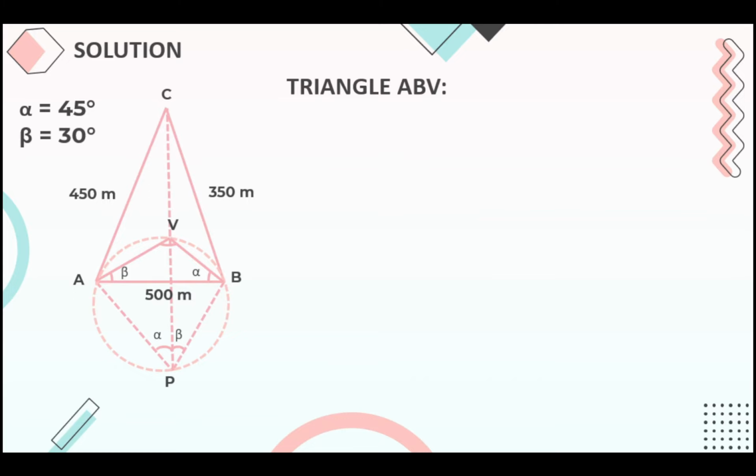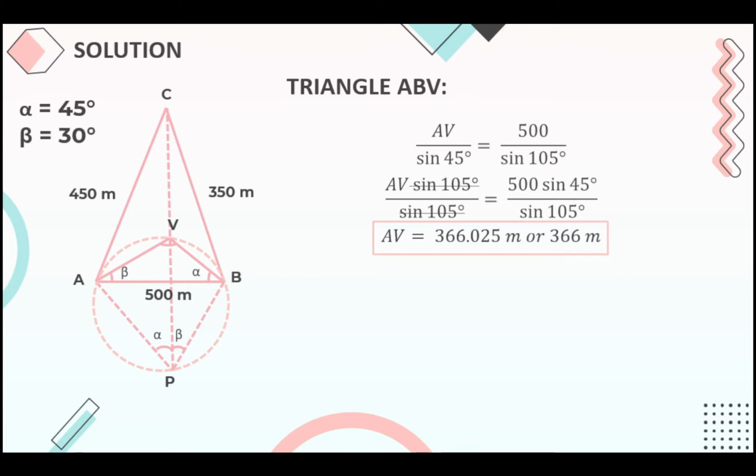So for AP, we have AP over sine 45 degrees equals 500 over sine 105 degrees. AP sine 105 degrees equals 500 sine 45 degrees. Divide both sides by sine 105 degrees. So the distance of AP is 366.025 meters or 366 meters.